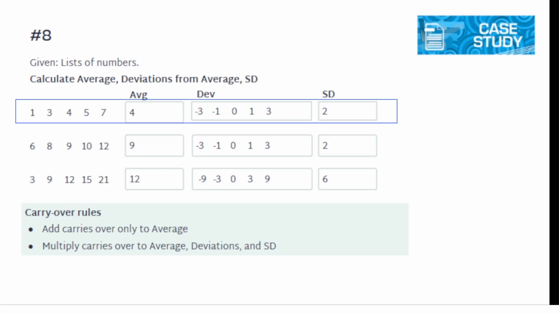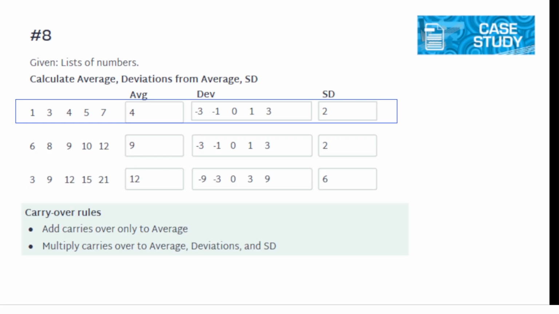The deviations one by one: 1 minus 4 is minus 3, 3 minus 4 is minus 1, 4 minus 4 is 0, 5 minus 4 is 1, 7 minus 4 is 3. This is your deviation from the average, and the standard deviation is the RMS size of the deviations. If you do the math, you get 2.